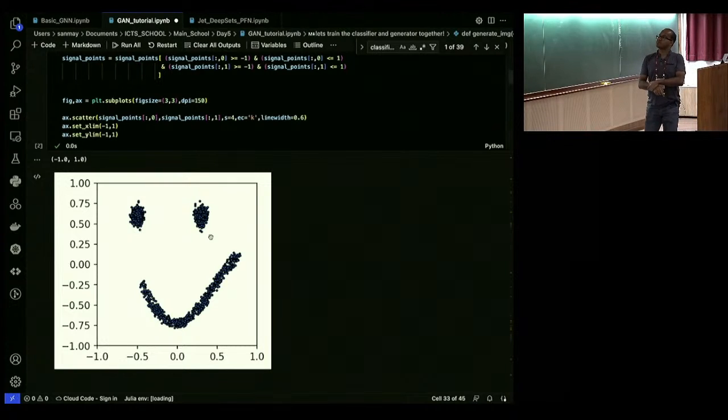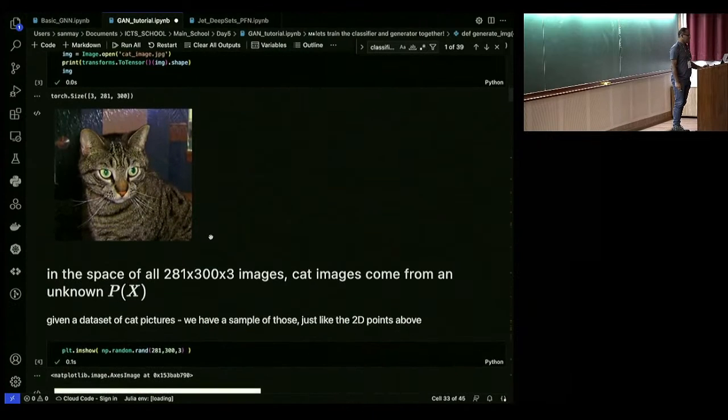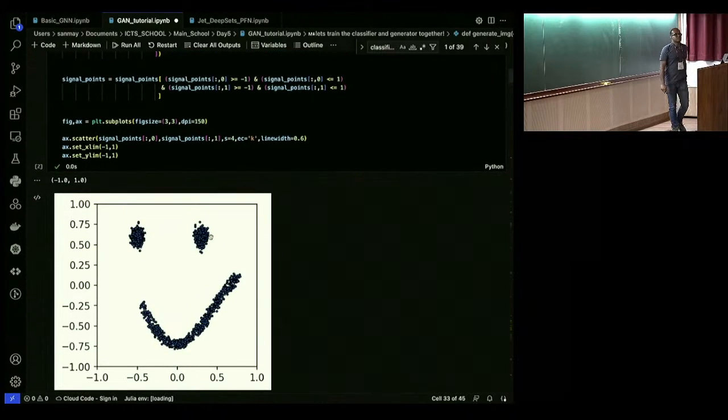I don't know, this is a smiling face of what? This can be a smiling face of a human cartoon, or a smiling face of a cat. You can impose this structure on a human face or on a cat face. Doesn't matter. What does matter is that we don't know this information a priori.